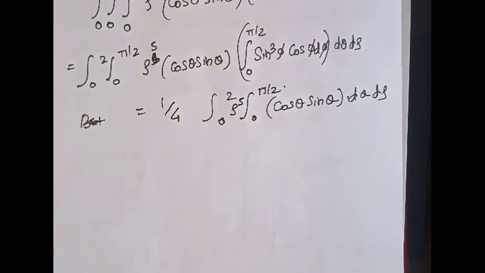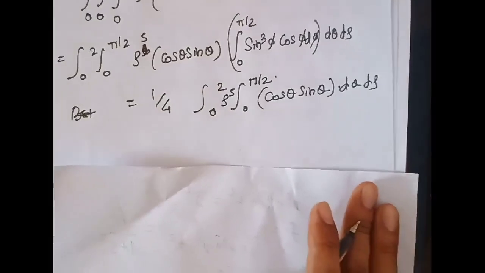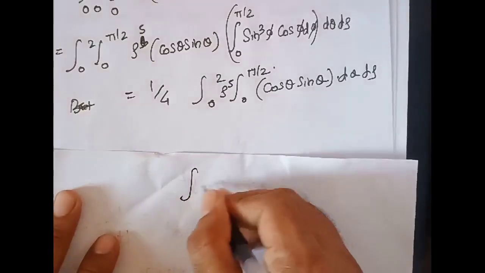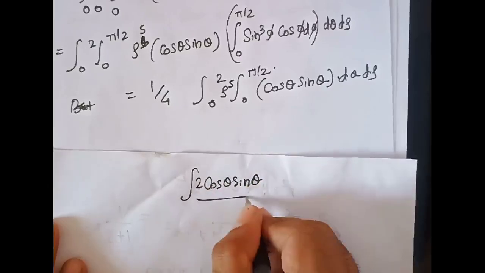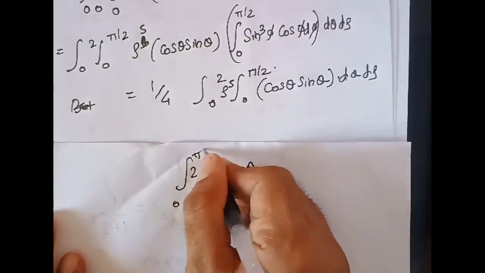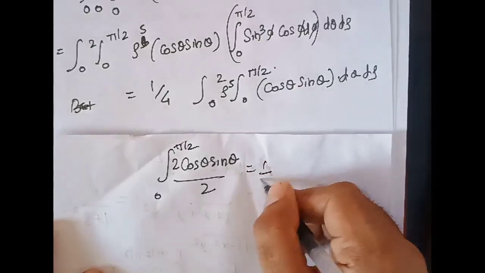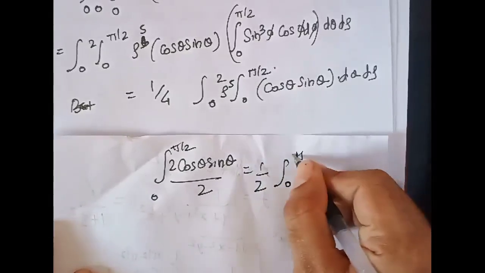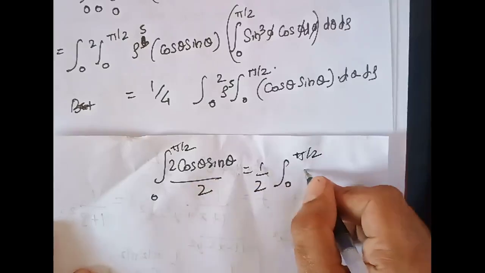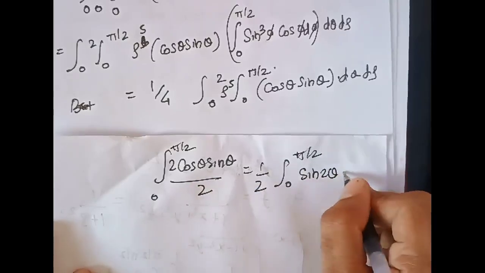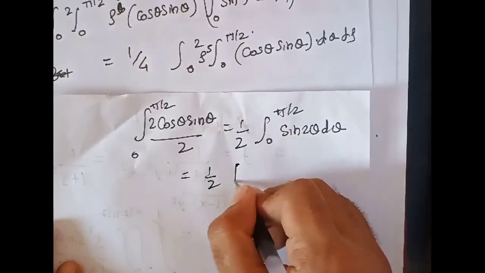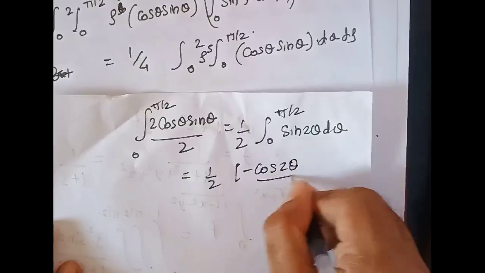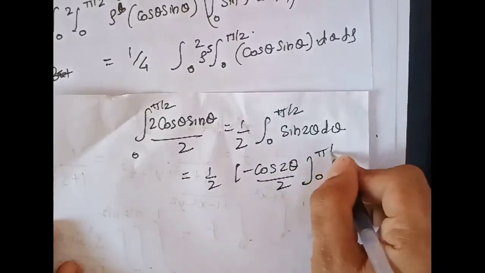Alright. Again, we know how to integrate cos theta sin theta. We multiply and divide by 2, and that becomes half of the integral from 0 to pi by 2 of sin 2 theta d theta, which comes out to be 1 by 2 times minus cos 2 theta by 2 from 0 to pi by 2.